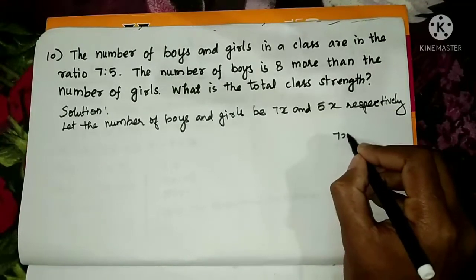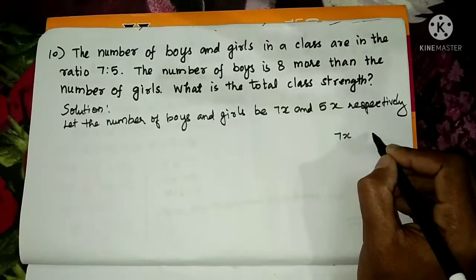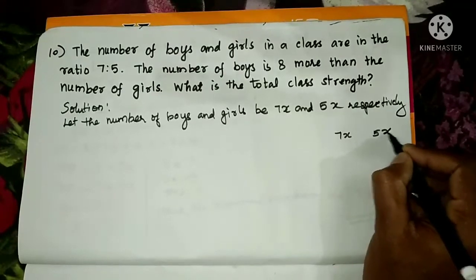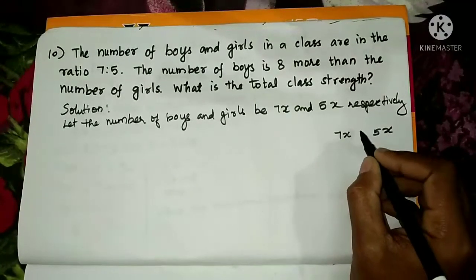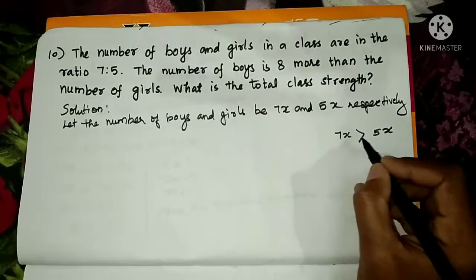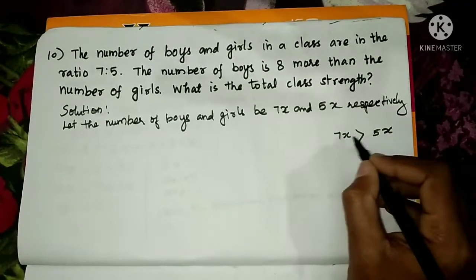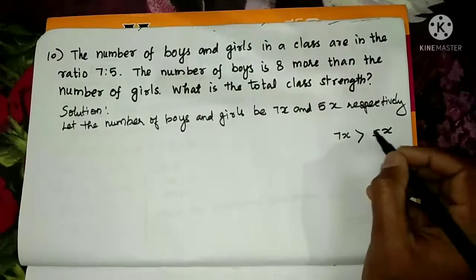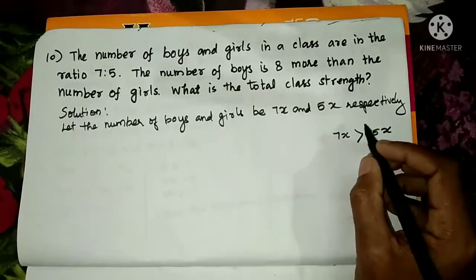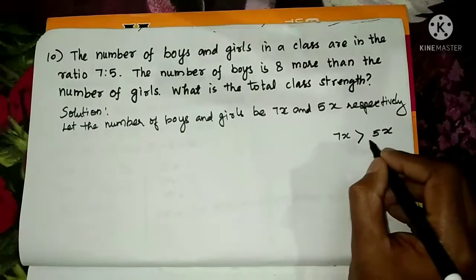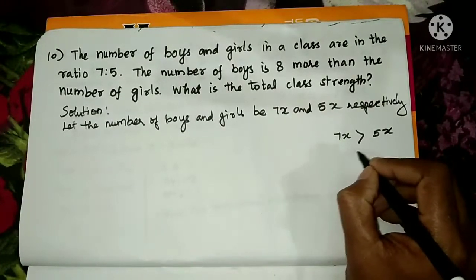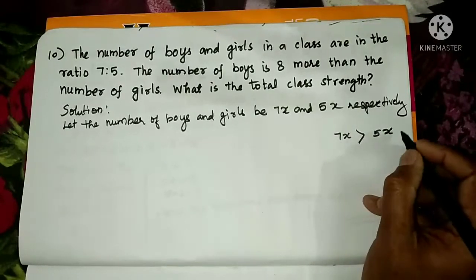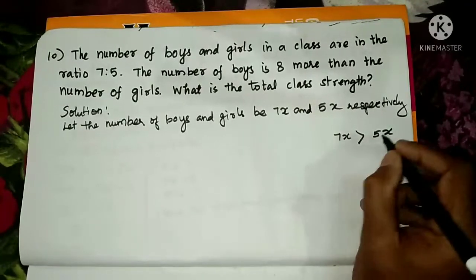So 7x is the number of boys and 5x is the number of girls. As you can see, x is multiplied with 7 and x is multiplied with 5, so clearly the number of boys is greater. But when we want to equate, here 8 is more. When we add the 8 to the number of girls, these two will be equal.